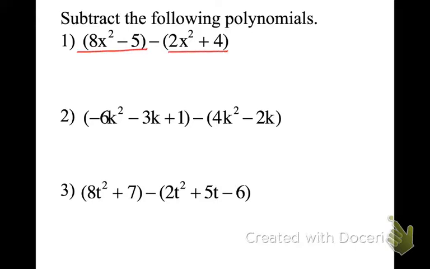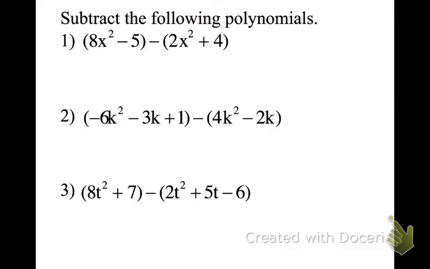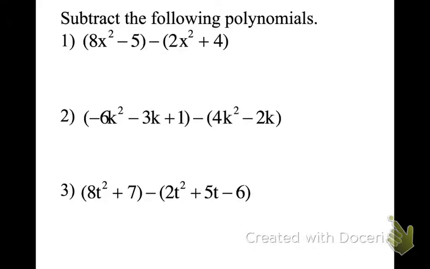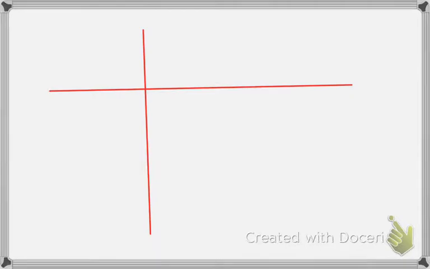So I want you on your Cornell notes, you are writing, okay, I want you to do this, and we're calling this subtracting polynomials.